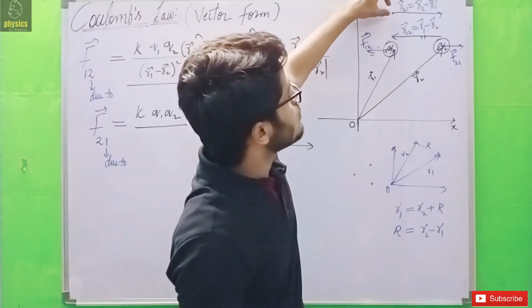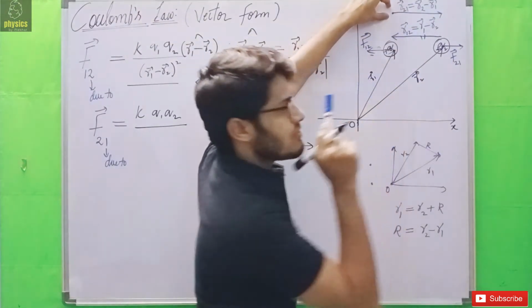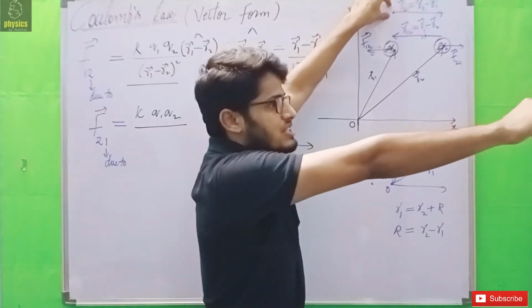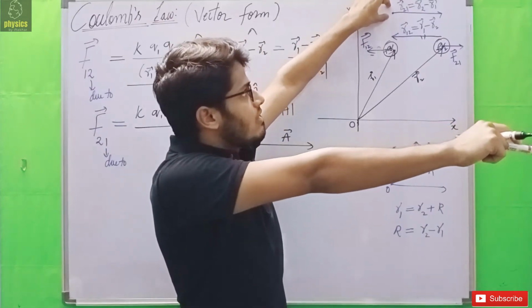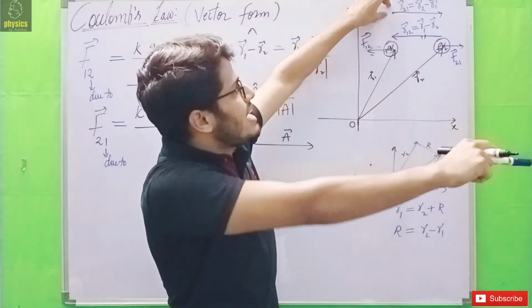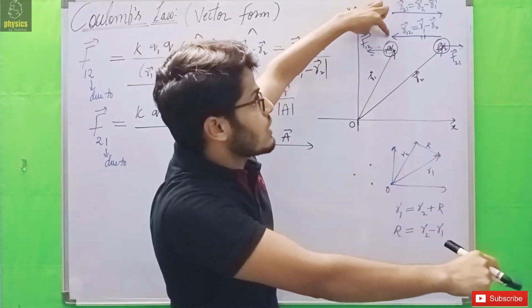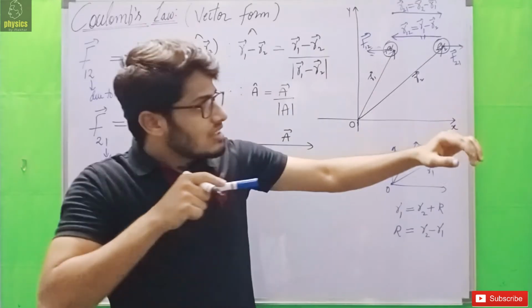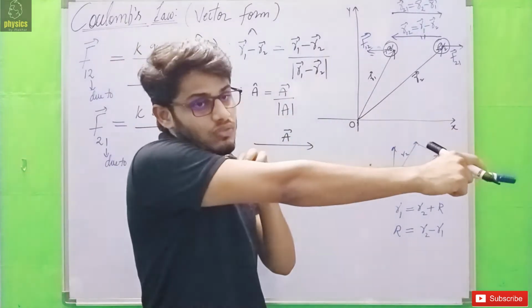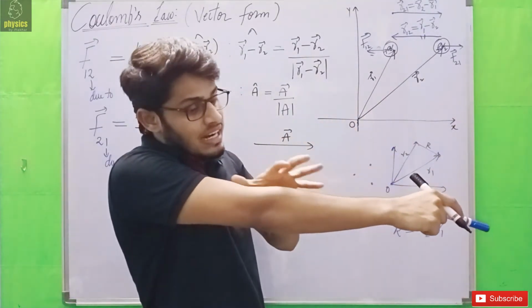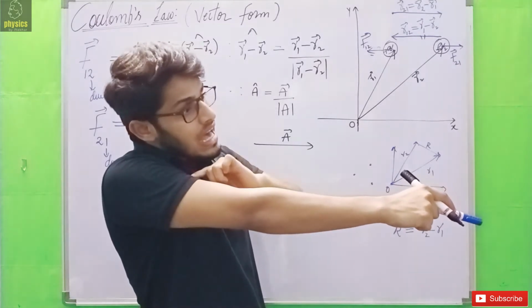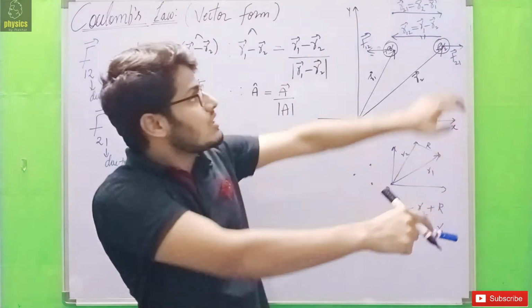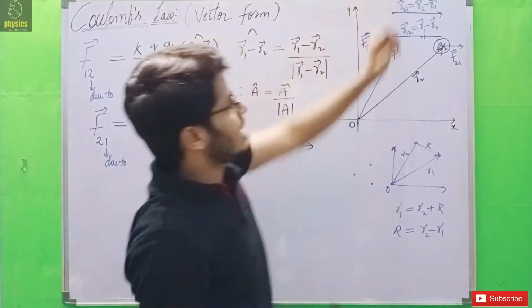We will use this one because the direction of the force is in that direction. Because we are writing it in vector form, we have to take this vector, not this vector. The upper vector is giving the direction where the force is acting. Force is acting that way, and this distance vector is also in that way. That's why you have to take this vector.